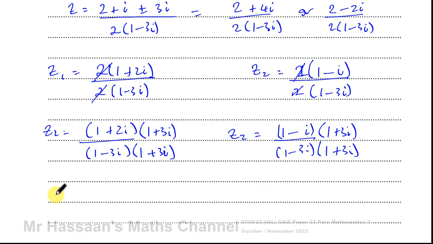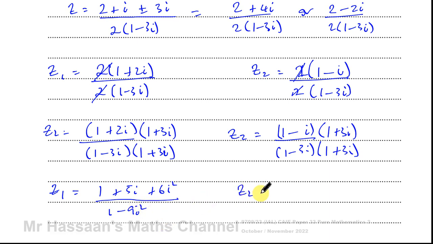So now this will give me 1 plus 3i plus 2i, that's plus 5i, and it's going to be plus 6i squared over 1 minus 9i squared.